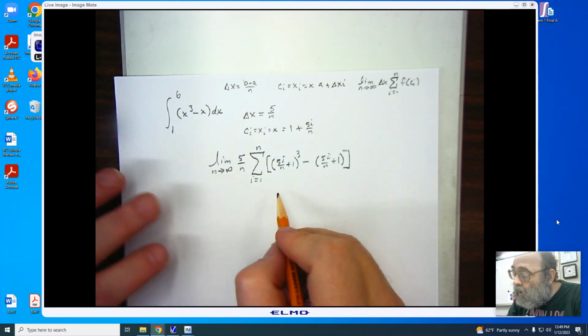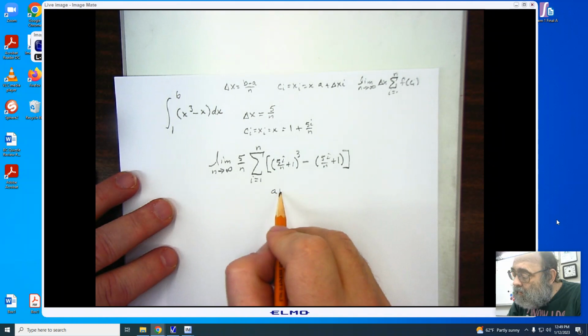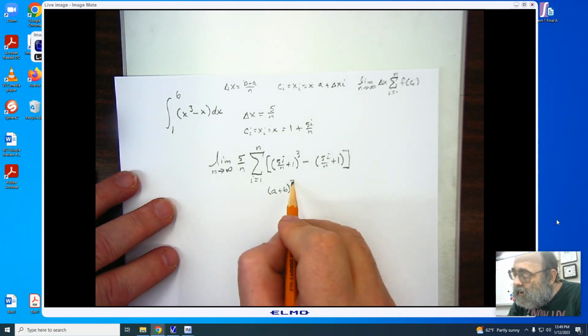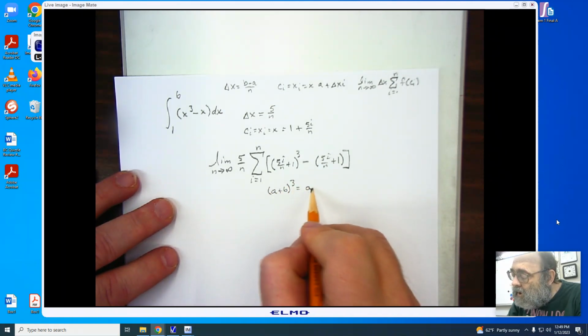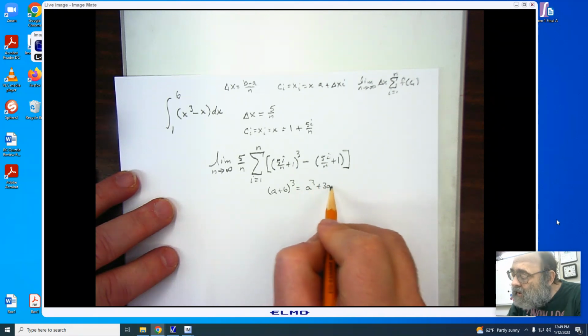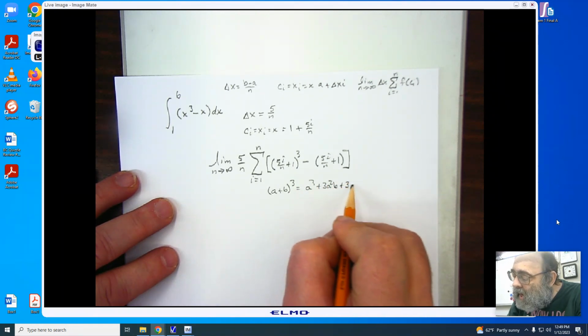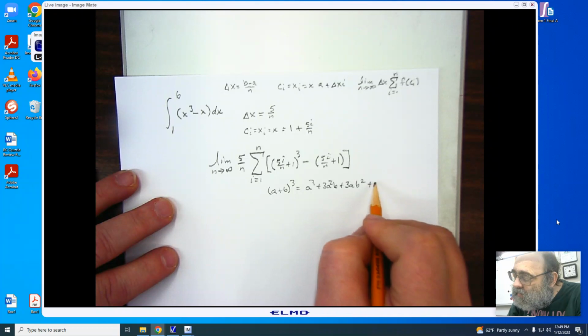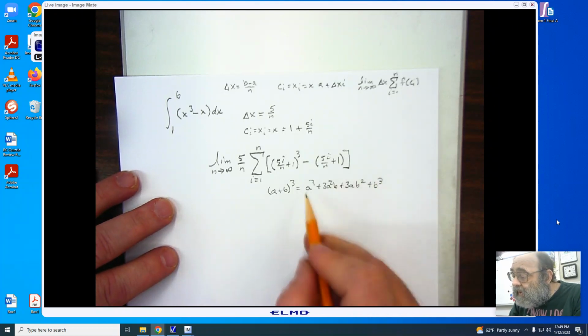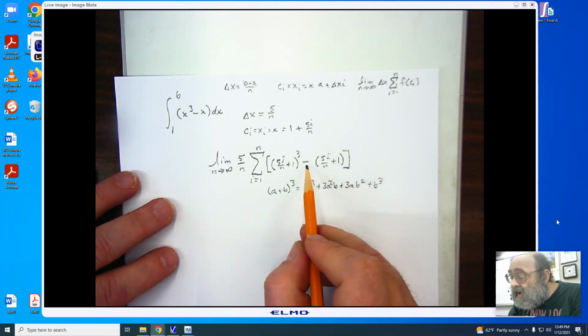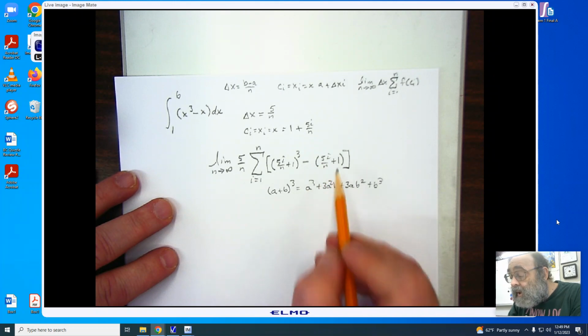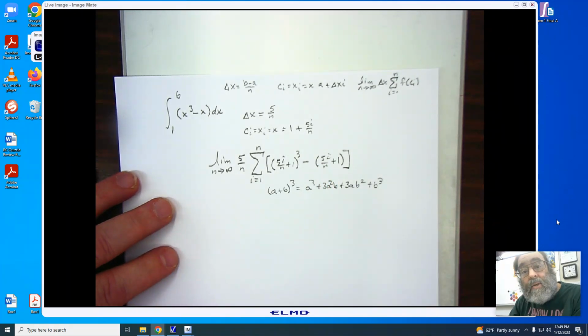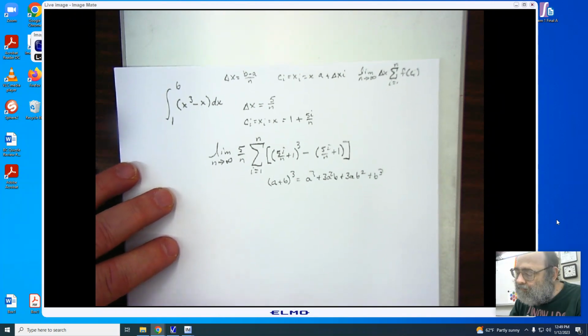We're now going to have to work with the foiling, a plus b, the quantity cubed, and this is going to give me a cubed plus 3a squared b plus 3ab squared plus b cubed. Once we have this, we're going to be distributing the negative into the 5i over n plus 1, and we will then add like terms. We should end up with something that has 3 terms in it at the end that we can then work with. Here we go.